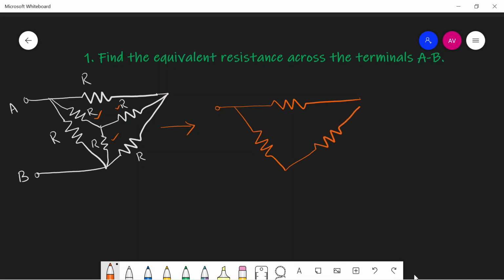I'm writing outer delta network as it is. So it is R ohms, R ohms, R ohms. Now I'm just converting this star to delta. So the formula for this is star to delta conversion.